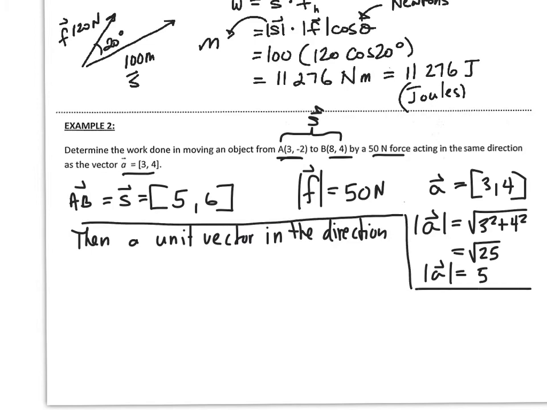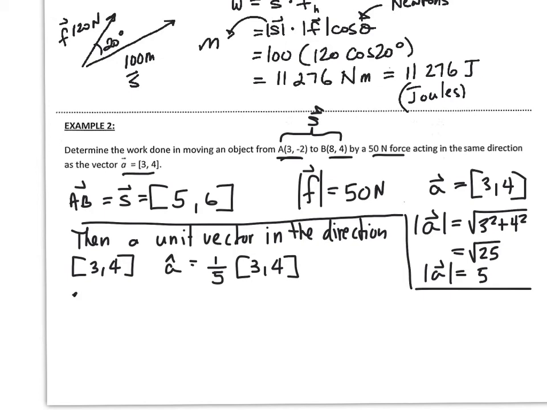You'll see what's working. In the direction of 3, 4, we're going to make it a hat right now, we'll call it that. What we do is we take 1/5 of 3, 4. And if I find the magnitude of that vector, obviously the magnitude of A is 5. And so if we find the magnitude of this whole vector here, A hat, we will get 1.